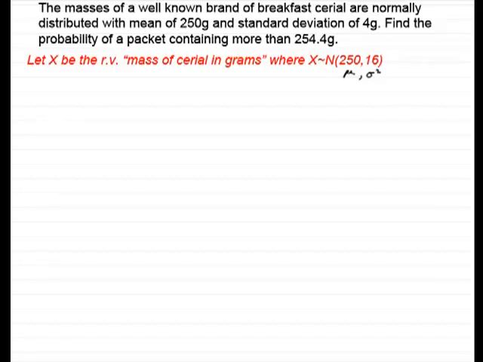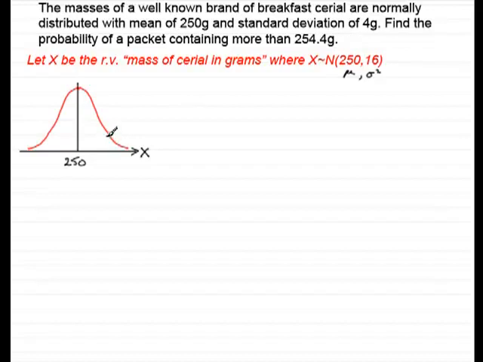Now I need to draw a sketch of the normal distribution for the random variable X, the mass of cereal in this case. The central value represents the mean, and that will be 250 grams. So we've got 250 there. And we're looking for a cereal containing more than 254.4 grams.